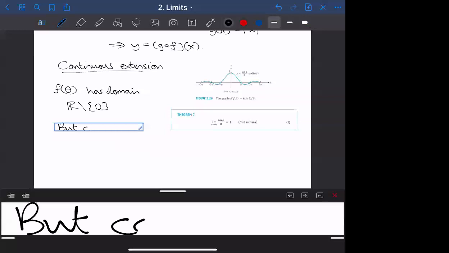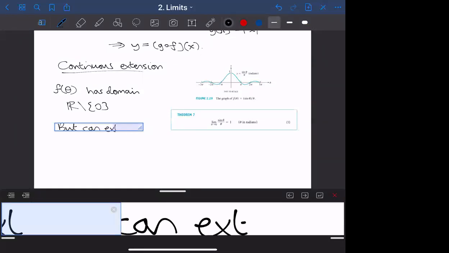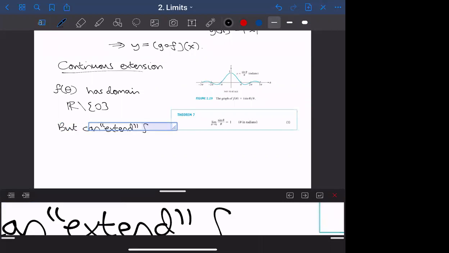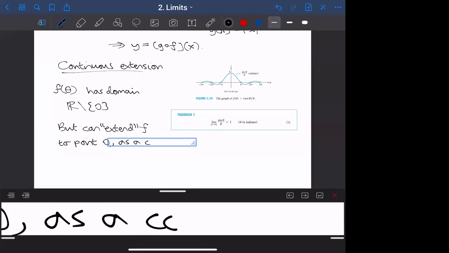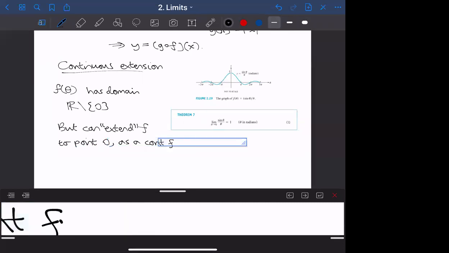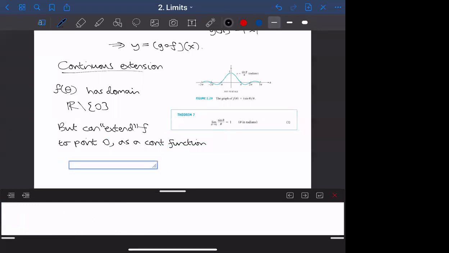But we can extend f to the point 0 as a continuous function. And so how do we do that?